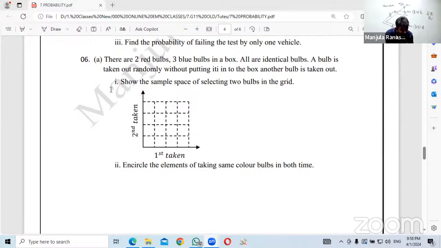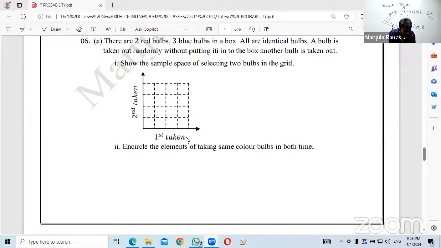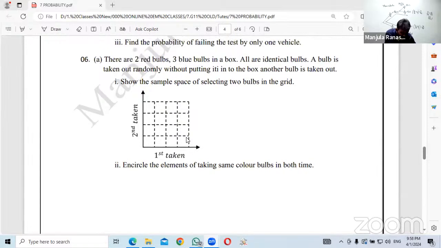So there are two red bulbs and three blue bulbs in a box. All are identical bulbs. A bulb is taken out randomly without putting it back into the box. Another bulb is taken out. So the center must be empty, giving it and taking it and not giving back. Encircle the element. So what are the elements? There are 2 red and 3 blue.